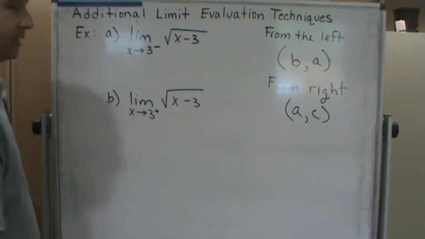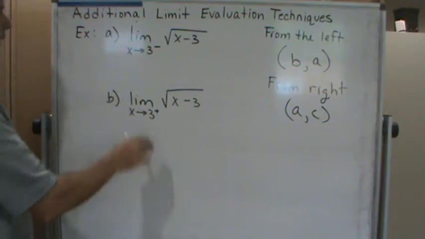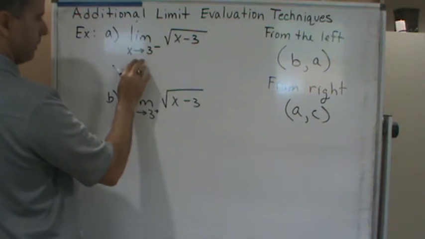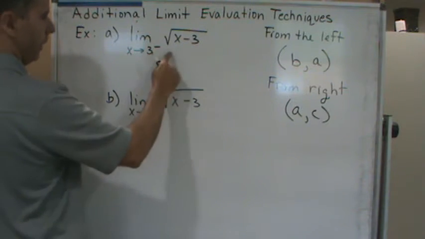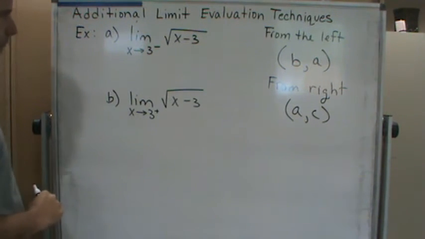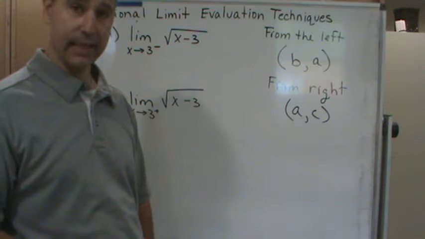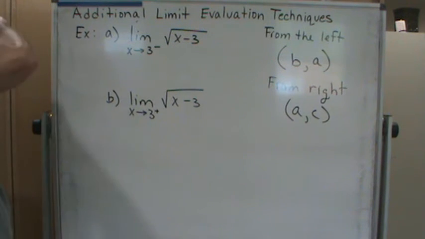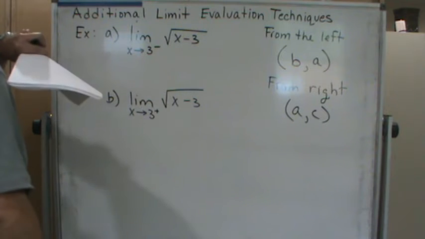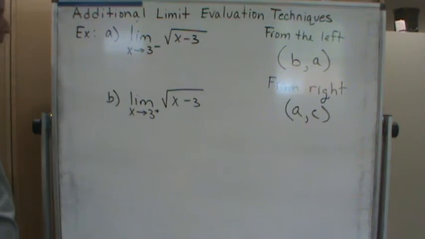Okay, so let's look at this example here. So here we want to find the limit as x approaches 3 from the left of this function. So the first thing we need to make sure is it's defined on any open interval from the left.